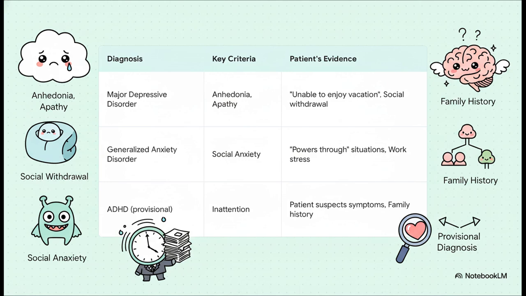Her anhedonia, not enjoying that vacation, and her social withdrawal, they line up perfectly with the criteria for major depressive disorder. Her long-running social anxiety, that feeling of having to power through social events, plus the work stress, that points to generalized anxiety disorder. And finally, based on her own suspicions and a family history, a provisional diagnosis of ADHD is put on the table to look into later.